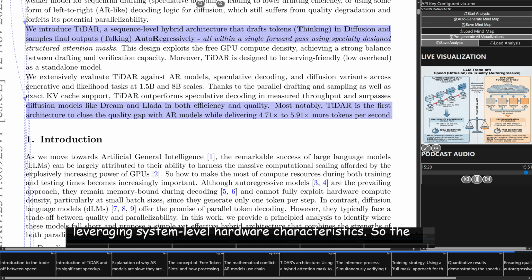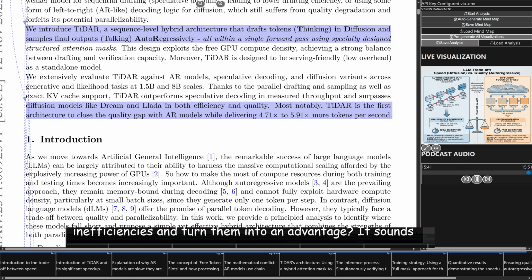So the question becomes, what other system optimizations could be designed specifically for these new hybrid architectures? Maybe custom attention kernels or specialized request schedulers? Things that could push LLM inference even closer to true, instantaneous, real-time responsiveness for every possible application. Where else can we find these little hardware inefficiencies and turn them into an advantage?